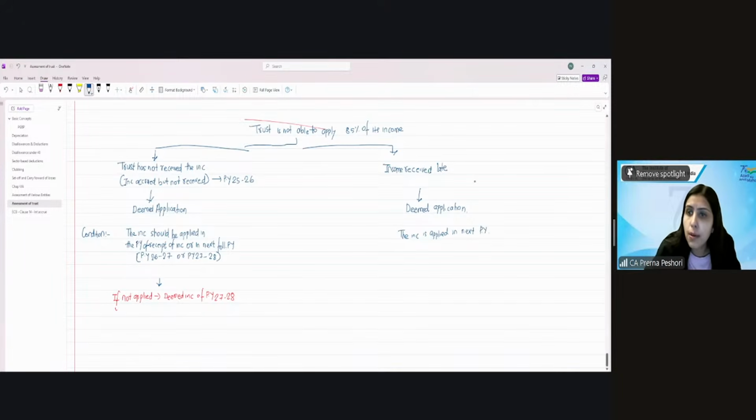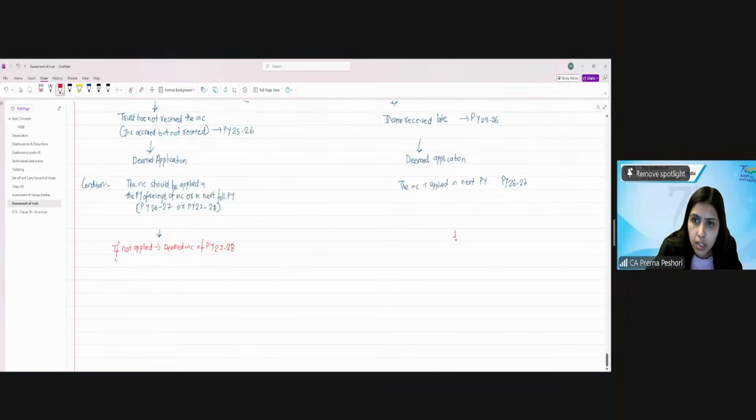So let's say this is previous year 25-26, it is received late. So I should apply it by 26-27 at the maximum. And again, if I do not apply, this will be considered as deemed income of that year.